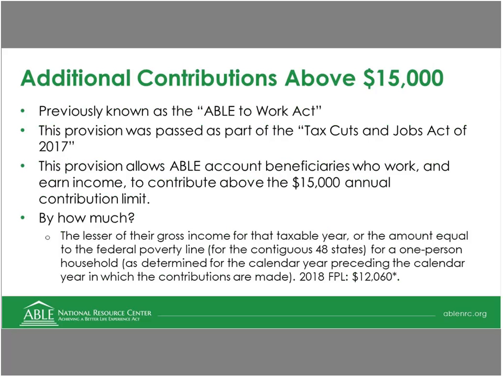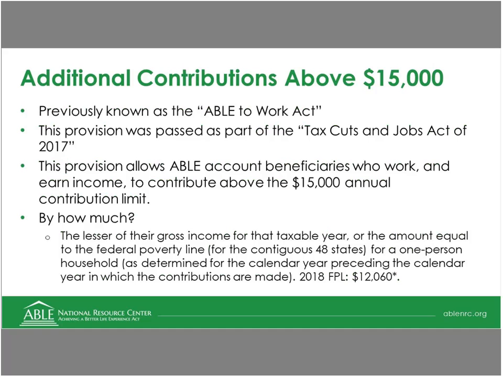This provision basically allows ABLE account beneficiaries who work and earn income to contribute above that $15,000 annual contribution limit, which is great. It allows them to save more, and provides them an opportunity to put more funds into their ABLE account. A question you might have is, by how much?